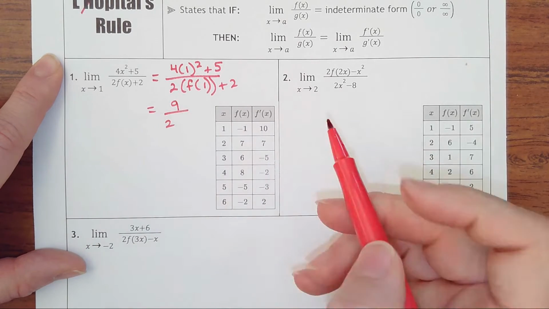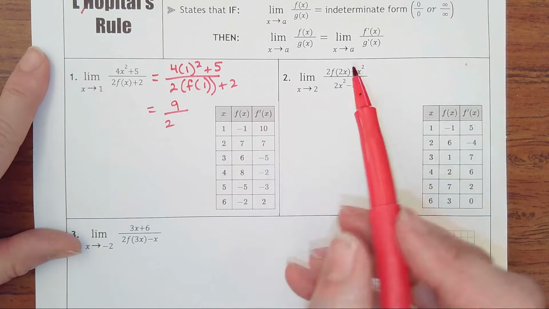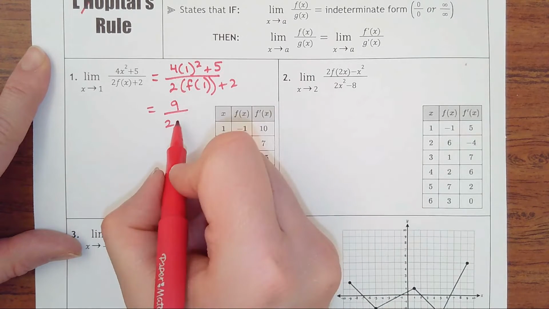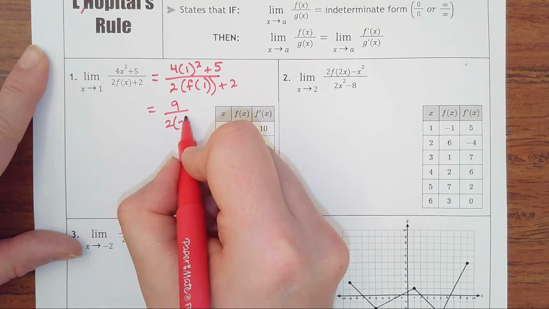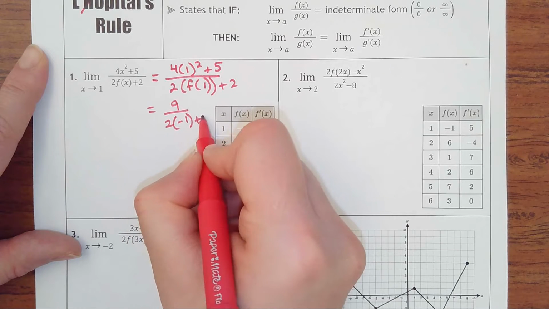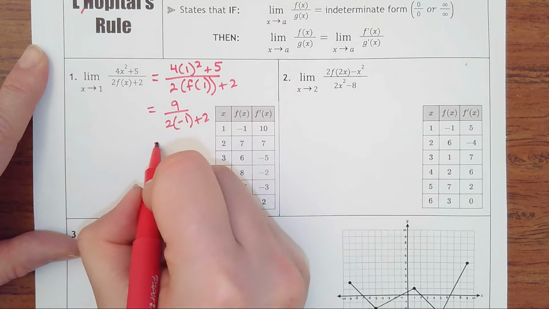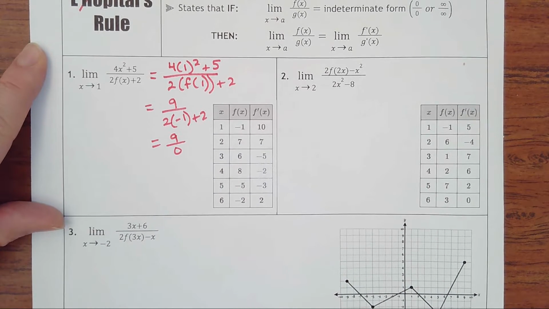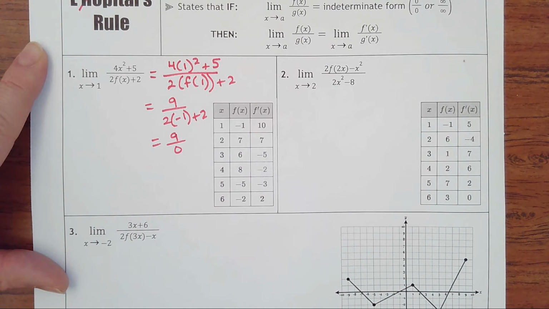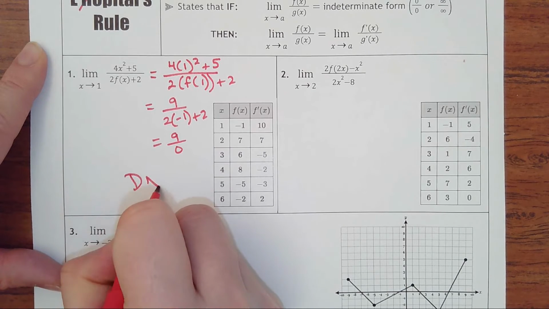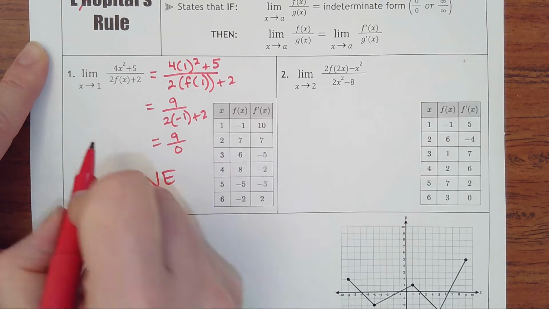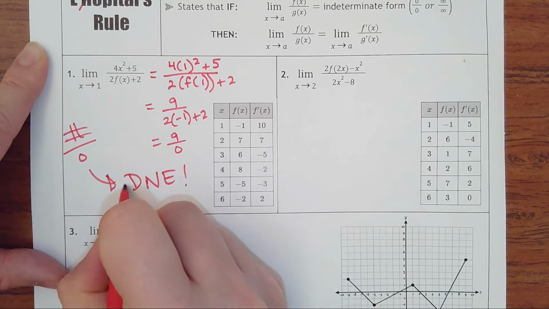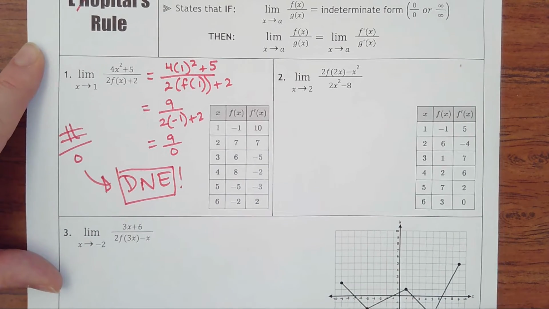That'd be 2 times f of 1, which is negative 1, plus 2. So that'd be negative 2 plus 2 is 0. You get 9 over 0. So I did not get an indeterminate form. I got a number divided by 0. That does not exist. Those are still going to show up.